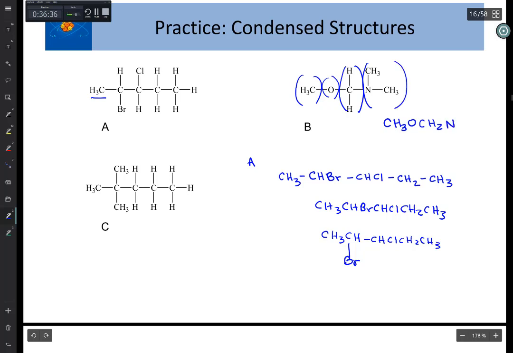And 2 of the units are the same. So just like you would write H2, you can do CH3 in parentheses and drop a subscript 2 on it like that. Or you can draw it out and partially condense, depending on what's going on.